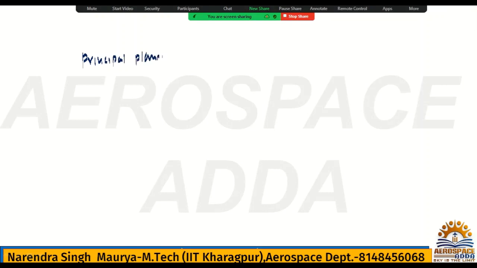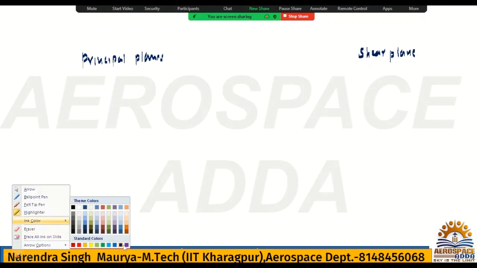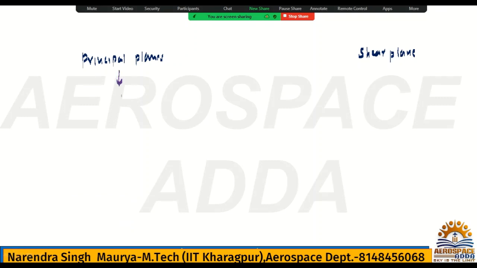this is for a 1 mark question, so please write properly. And this is the shear plane. Where you achieve the principal plane, the normal stress is maximum. Where you achieve the shear plane, the shear stress is maximum. Since the normal stress is maximum, we have two normal stresses called sigma 1 and sigma 2.